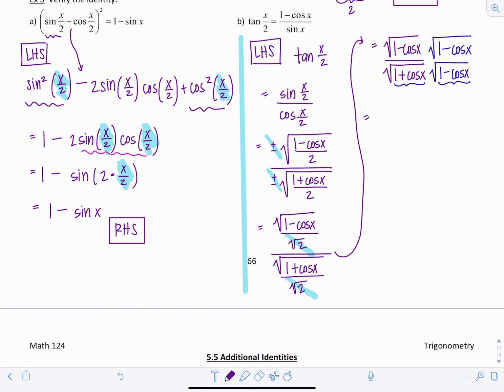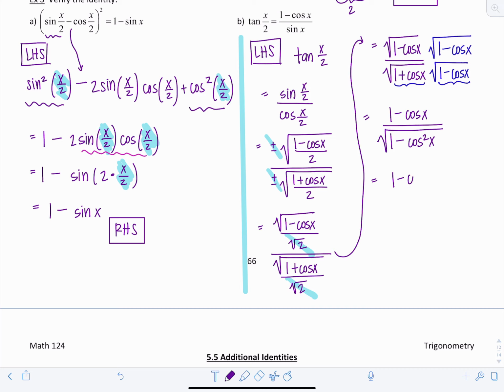So in the numerator, if you have rad 1 minus cosine x times rad 1 minus cosine x, I'm just going to be left with 1 minus cosine x, right? Over square root 1 minus cosine squared x. Remember, 1 plus cosine x and 1 minus cosine x are conjugate pairs, so I get a difference of squares when I multiply them out.